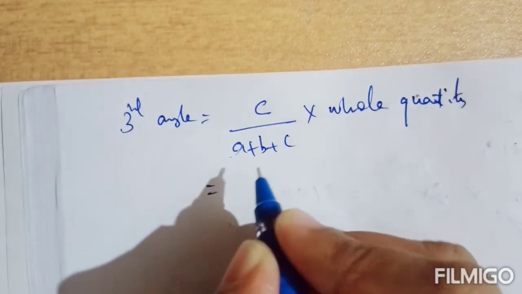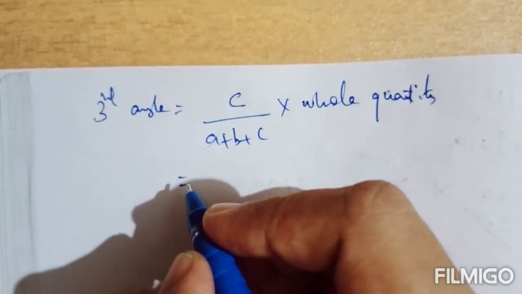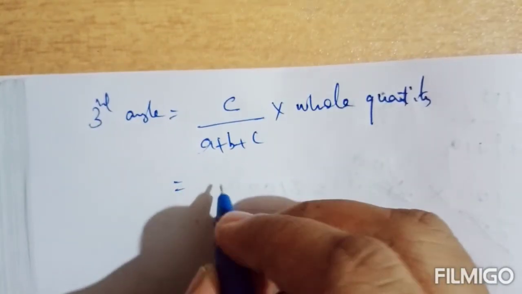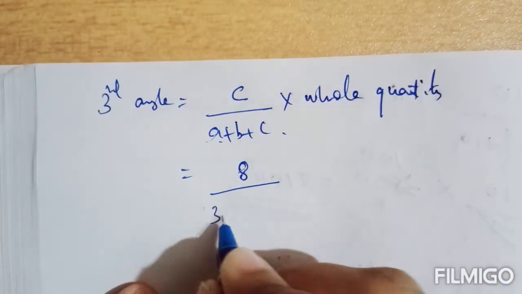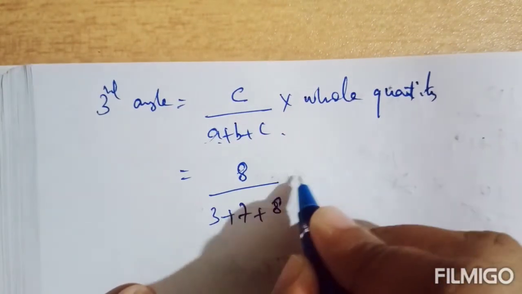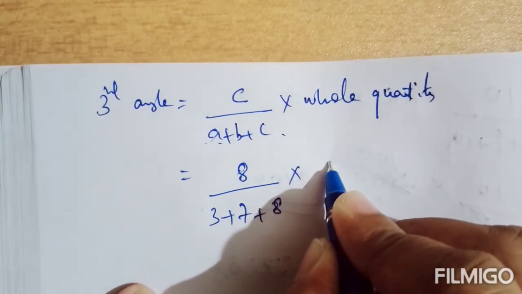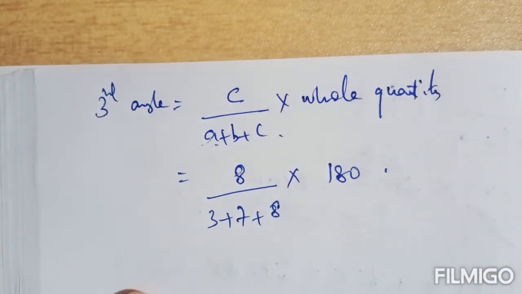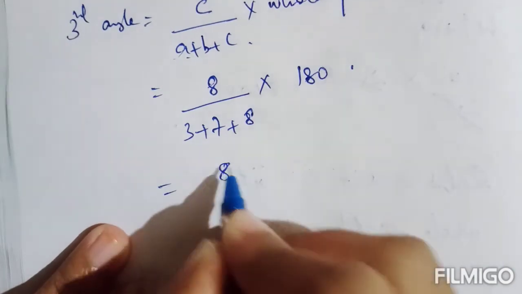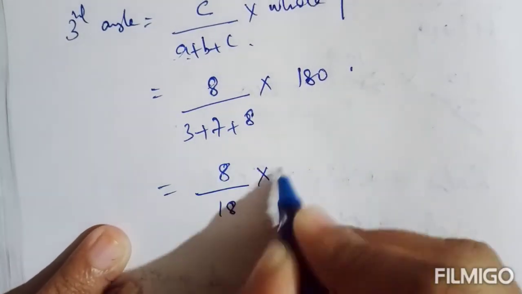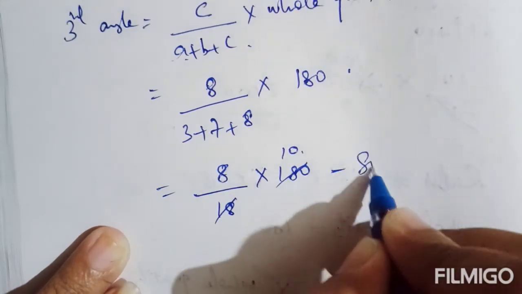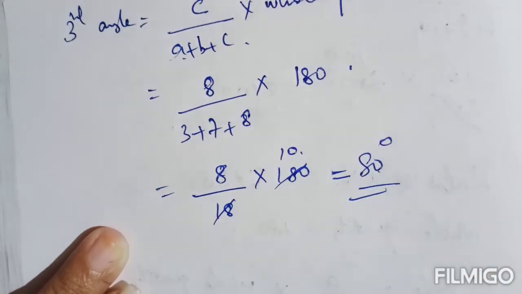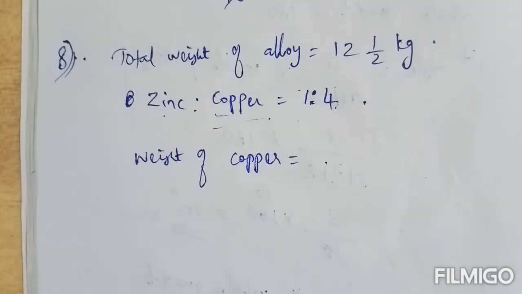In place of C it is given 8. 8 by A plus B plus C, it is 3 plus 7 plus 8 into the whole quantity 180. So 8 by 18 into 180, here it will be 10. 8 into 10, 80 degrees will be the third angle. Okay. The 7th question you can do as homework.